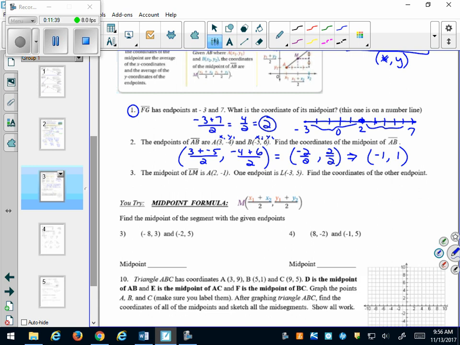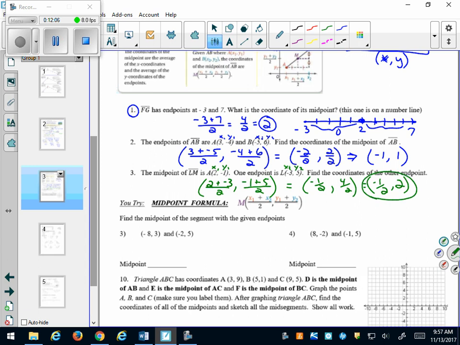Well, let's do one more together, and then you guys can try on your own. x1, y1, x2, y2. Just add the x's and add the y's and divide by 2. 2 minus 3 is -1, so we got -1/2, comma, 4/2, which is -1/2, comma, 2.